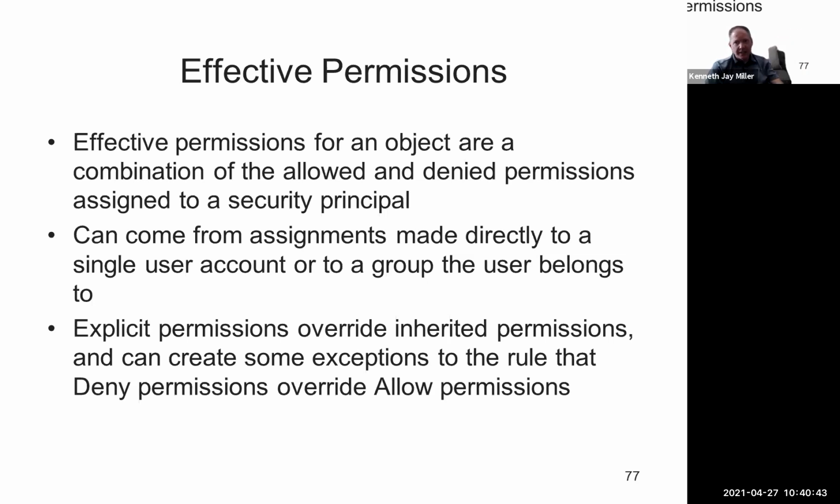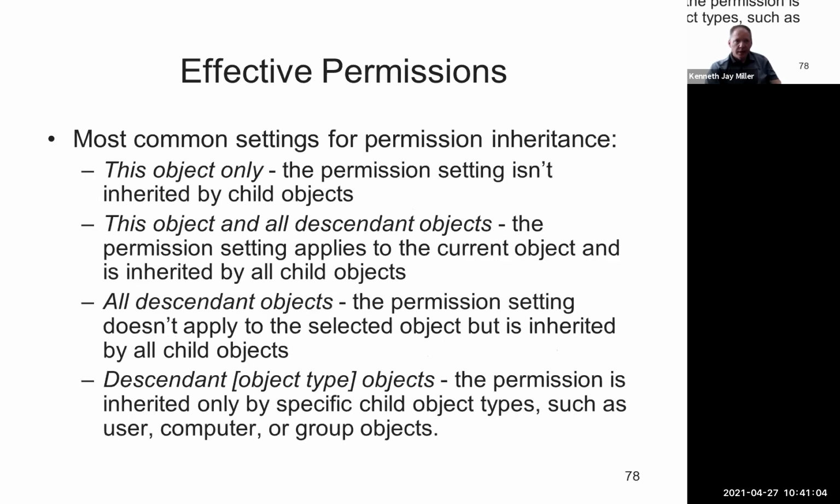That deny is not implicit. It will be explicitly overridden by the allow on the child object if you break the inheritance. So you can override the inherited permission. All right. But generally, deny always overrules allow. All right.